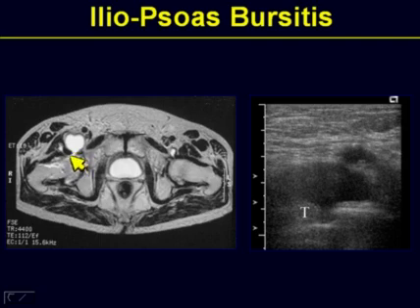Note that it's pushed the tendon to the lateral aspect on short axis view, and on axial view, these are the great vessels. Also, before you leave the MR image and look at the ultrasound image, note that if you jump from the right hip to the left hip, there's a smaller iliopsoas bursa. Again, one more time, immediately adjacent to the iliopsoas tendon, and in proximity of the great vessels.